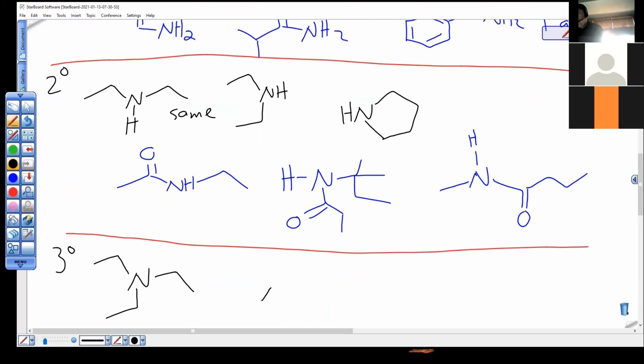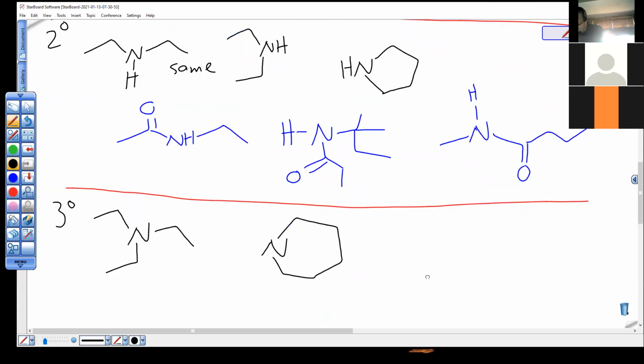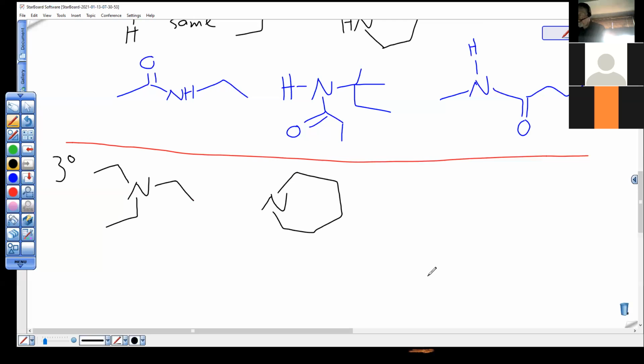We could have this one here, that's secondary so far. I have another ring out here. Why not? And one more. Oh, look at that. Combining stuff. Fancy.